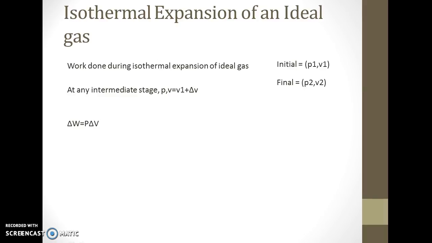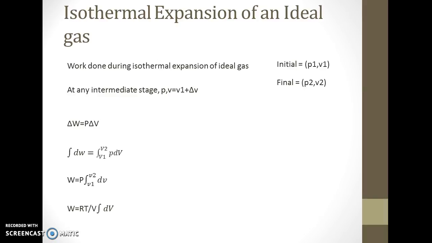So if we want to derive the work done, we can write the equation delta W is equal to P into delta V, wherein by integrating this delta W throughout the process, that is from V1 to V2, we will get the work done as P constant integration of V1 to V2 dV.